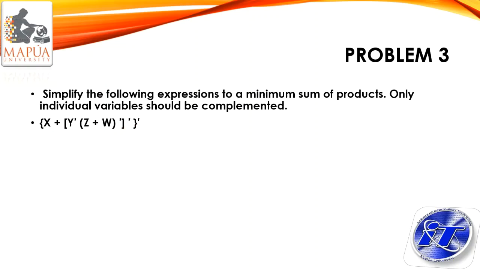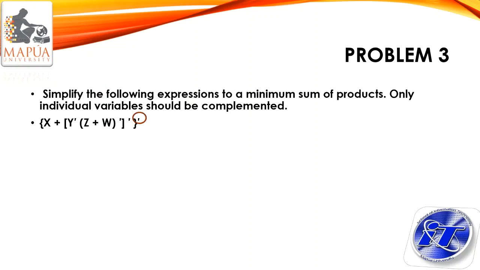Problem 3, same task. Our question is x plus y naught added to z plus w negated, and the whole second term is negated, and also the whole expression is also negated. Okay, so we have 3 levels of negation for this problem. So I'm going to evaluate the outermost negation.